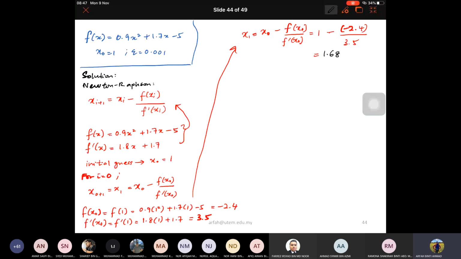Okay. So X1 awak sama dengan 1.6857. F X1 sama dengan function of F bila X sama dengan 1.6857. This one will be equal to 0.9 darab 1.6857 kuasa 2.